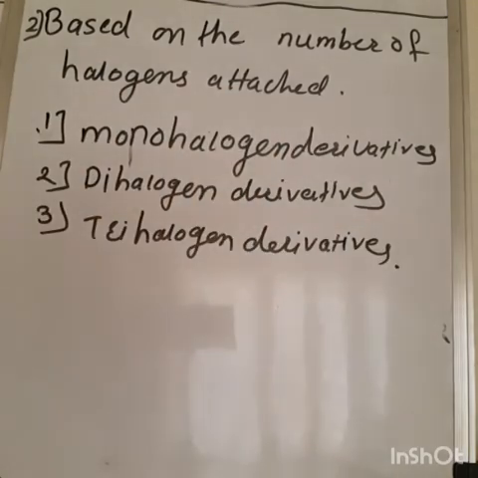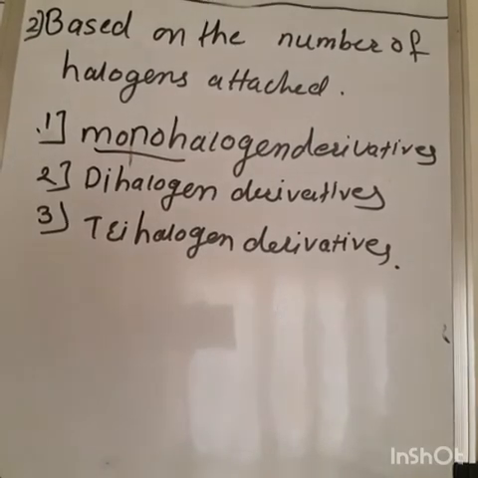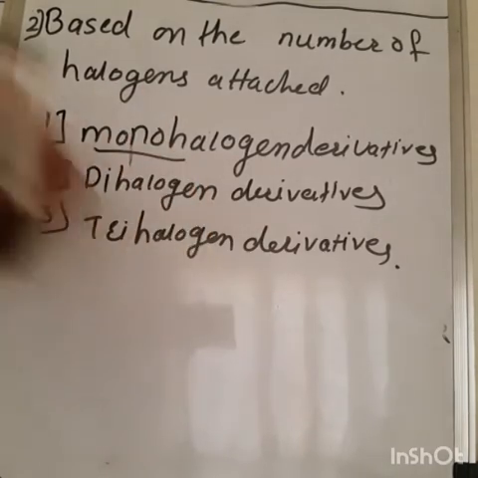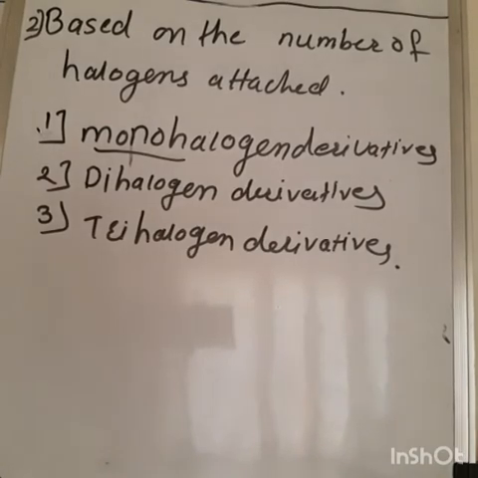Okay. So what are monohalogen derivatives? These are the compounds in which one halogen atom is attached to the hydrocarbon. What are dihalogen derivatives?